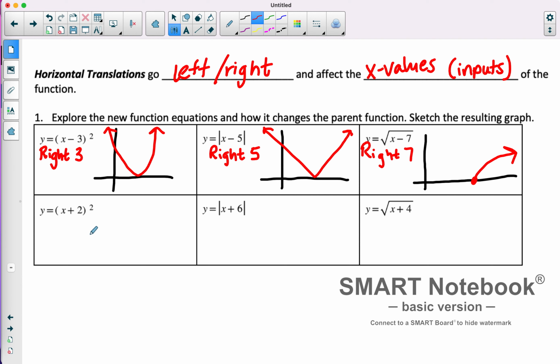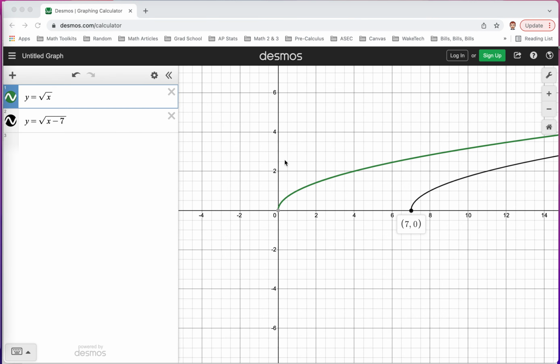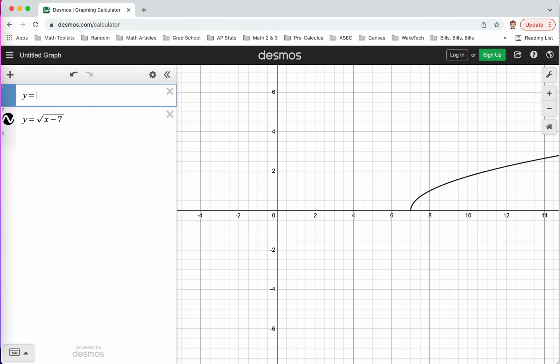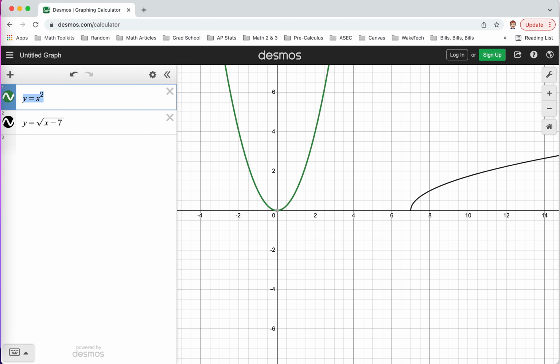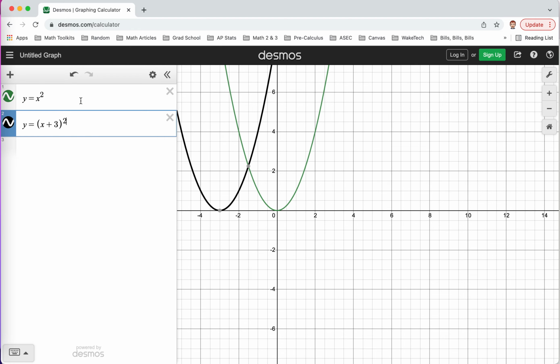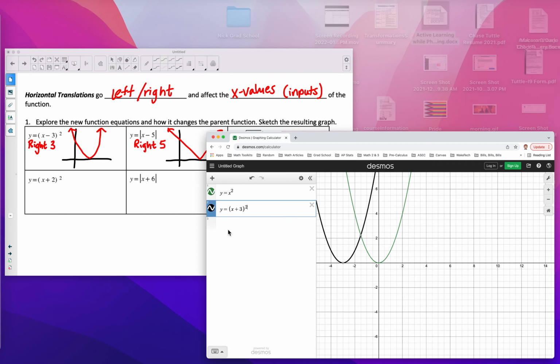x plus 2 squared. The squared tells me I'm going to have a quadratic, an x squared function. So I'm going to go back to y equals x squared. We're going to manipulate it into x plus 3 squared, x plus 2 squared.